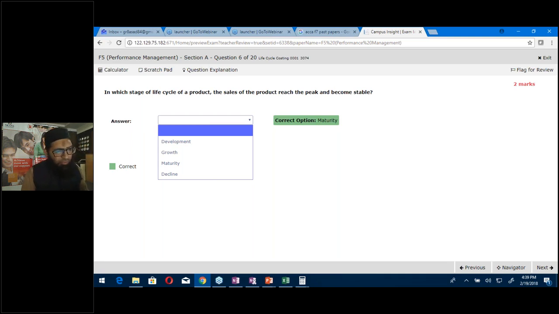Yes, this is part of value analysis, and we can remove the non-value adding activities and thus reduce the cost per unit effectively and efficiently. Now, in this question, my sales will be at the peak and stable at the maturity stage.